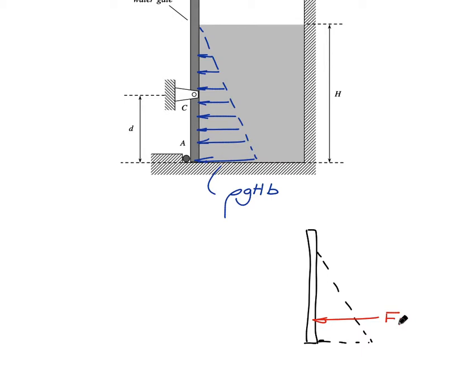There's also a reaction force here for C. If I make X to the right and Y up, I've got this. And then there's this contact force down at the seal at the bottom. We'll call that N sub A. And we know that because it's a triangular load, the moment arm about A is going to be H over 3.